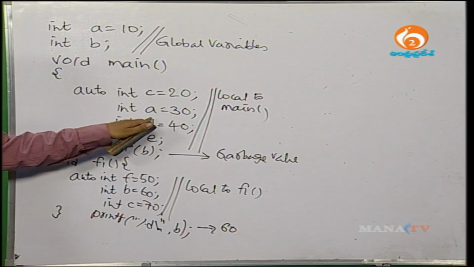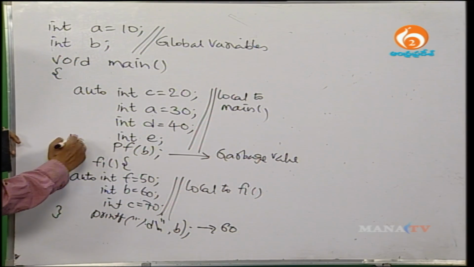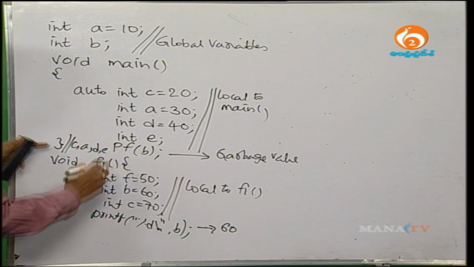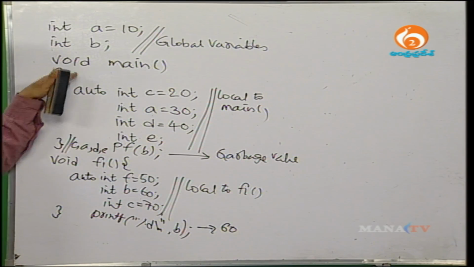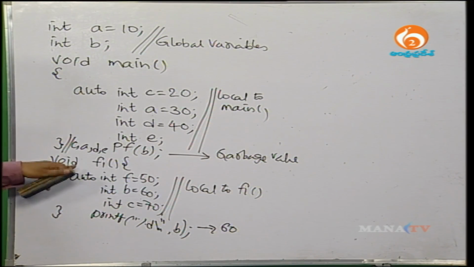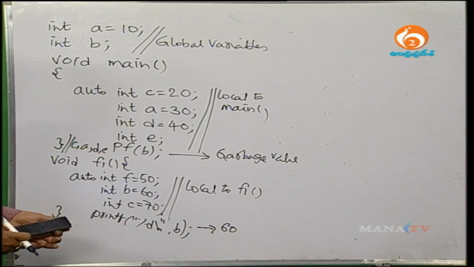Here c, local a, d, e are visible only until the closing brace of the main function is reached, scope is up to here only, but a and b are visible throughout this program. This is an example for local variables.